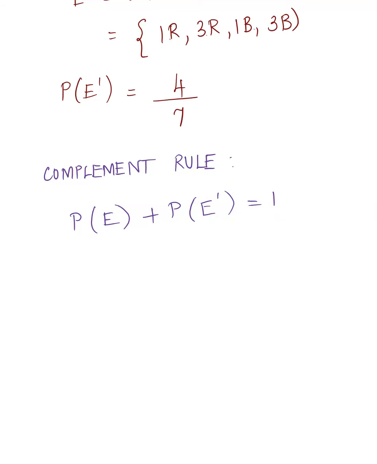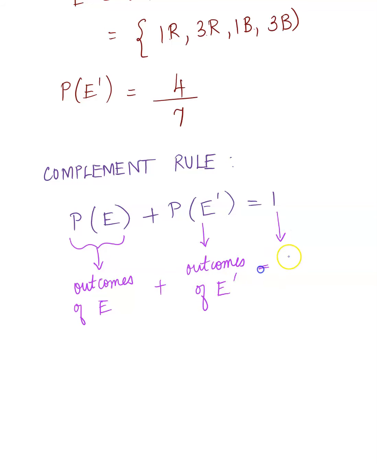So that means we're saying outcomes or possibilities in E. That's a probability, but I'm talking just about the outcomes. Okay. Will be the outcomes of the sample space.